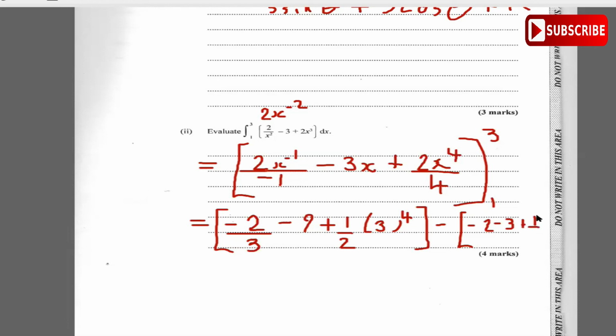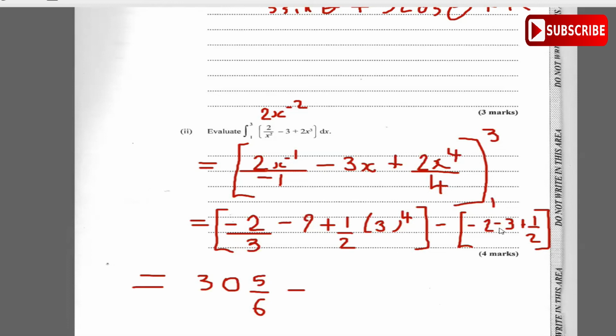So now we'll put all of this in our calculator and see what we get. Let's work out this part first: minus 2 over 3 minus 9 plus a half of 3 raised to the 4th power. I am getting 30.83. I generally don't like to write decimals, but in this case it seems easier. 30 and 5 over 6, minus negative 2 minus 3 plus a half.